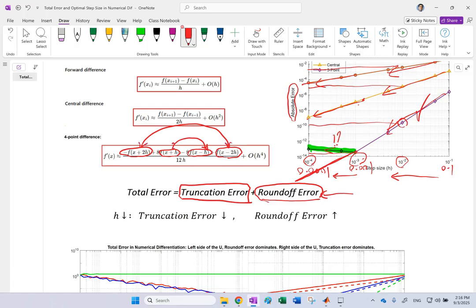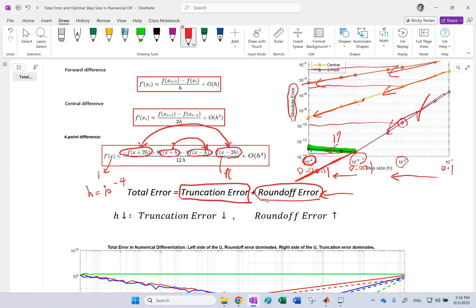They're subtracting. But when this number is very small, let's say x, the point that I'm interested in, is 1, and let's say h is 10 to the negative 4. So what are these 2 points that I'm calculating?